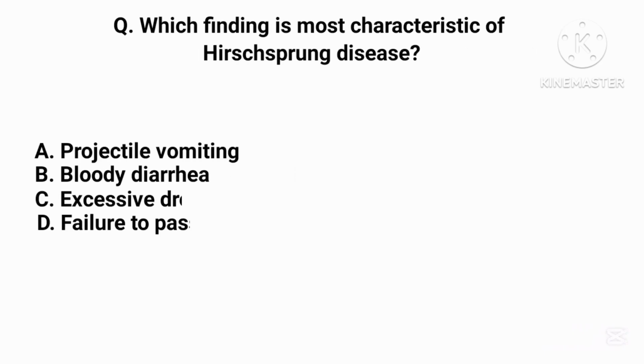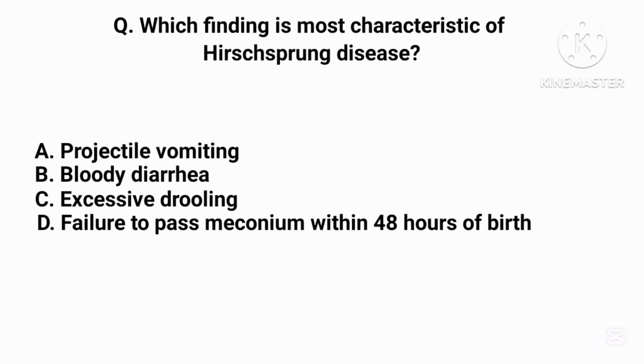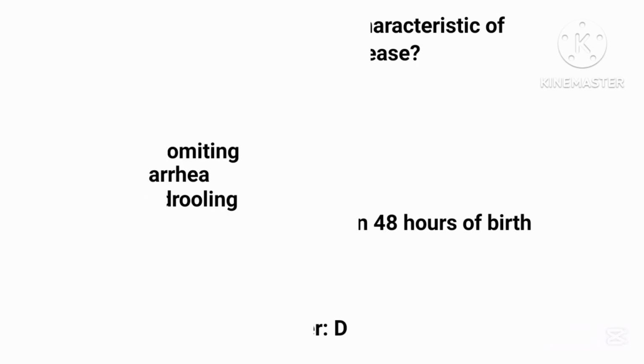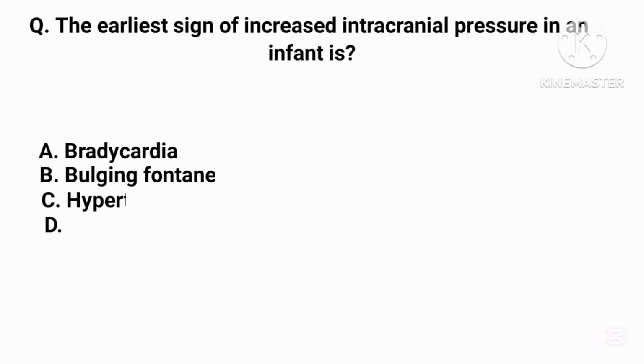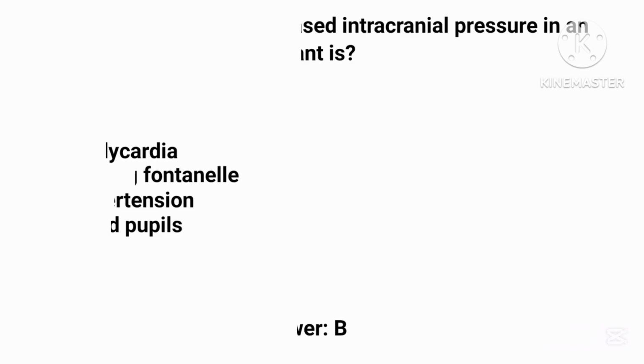Which finding is most characteristic of Hirschsprung disease? Correct answer is option D, failure to pass meconium within 48 hours of birth. The earliest sign of increased intracranial pressure in an infant is. Correct answer is option C, bulging fontanelle.